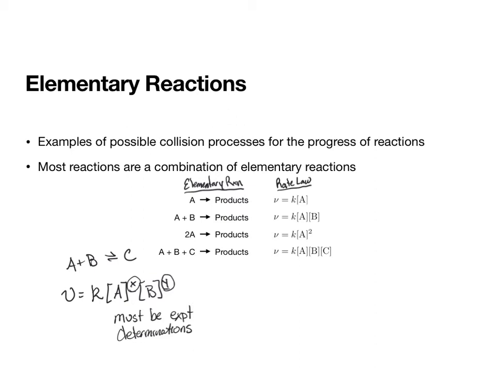But if you look at this elementary reaction, we are able to take the stoichiometry from this 2 and put it as the exponent, as the order of the reaction. That only works because this is an elementary reaction.